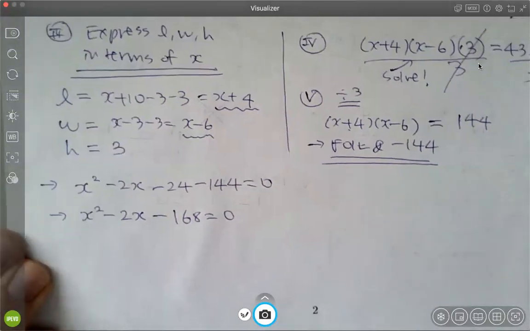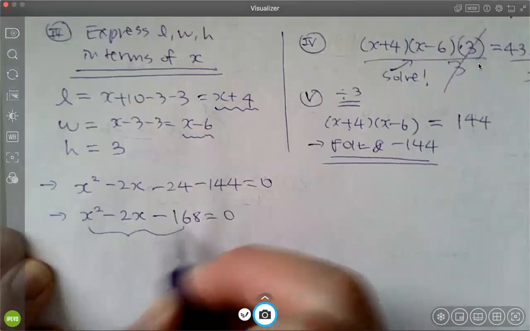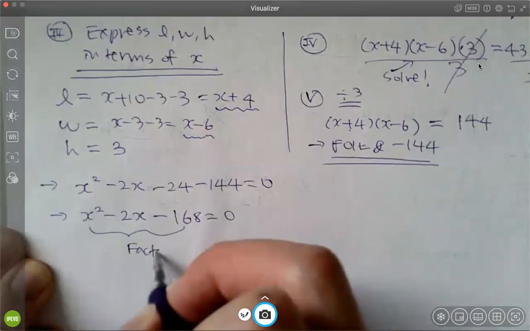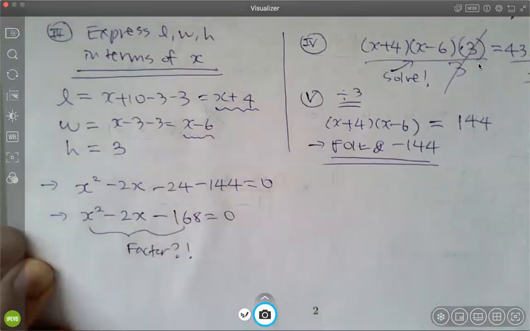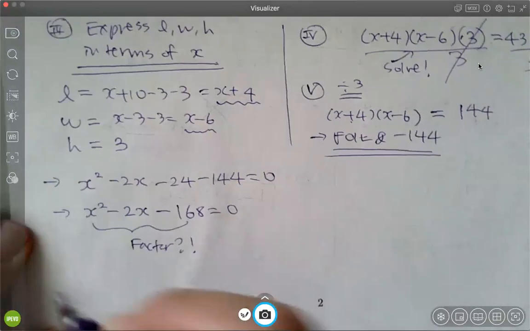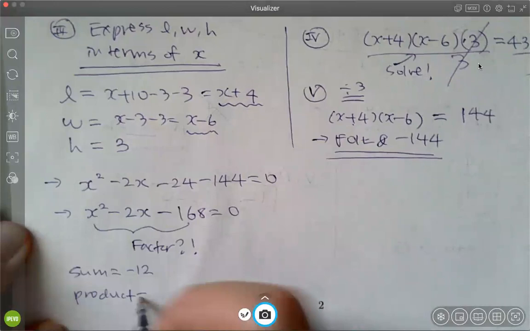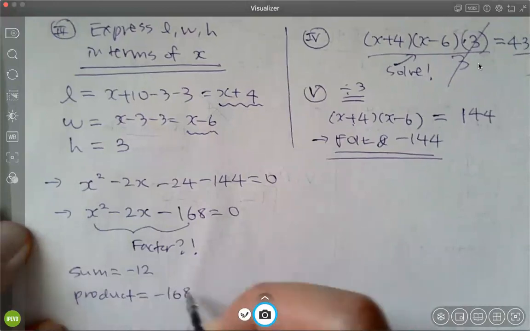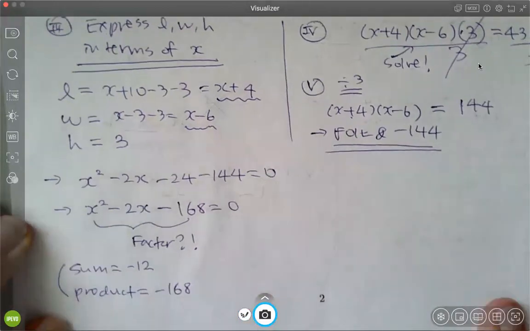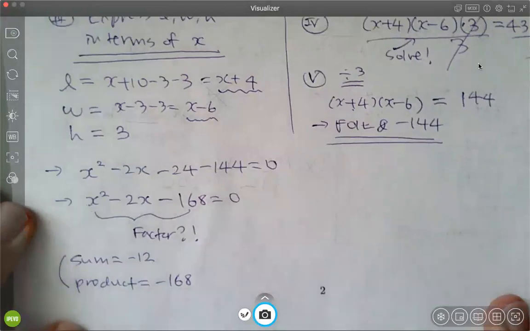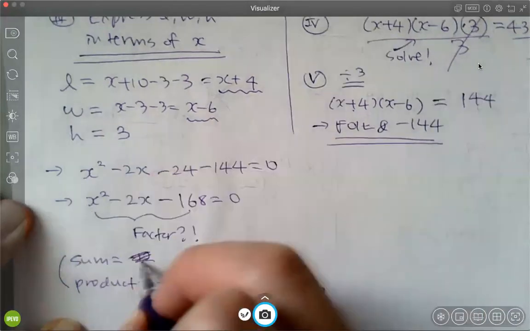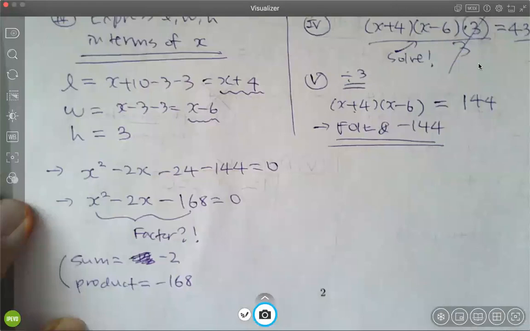Now let's see if we can factor this. What do we have to do? The sum is negative 2 and the product is negative 168, right? Sorry, negative 2.